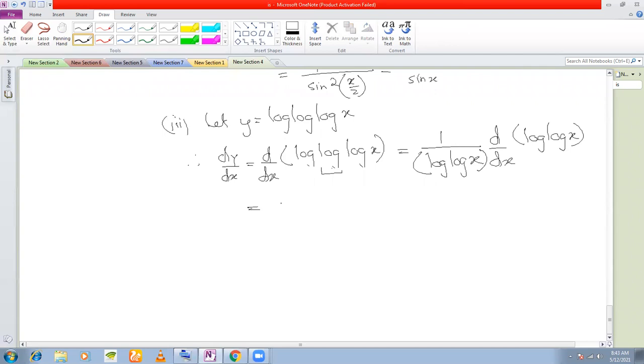Okay, so now you differentiate this log. So you get 1 by log x, and then you go to the differentiation of this log, d dx of log x.